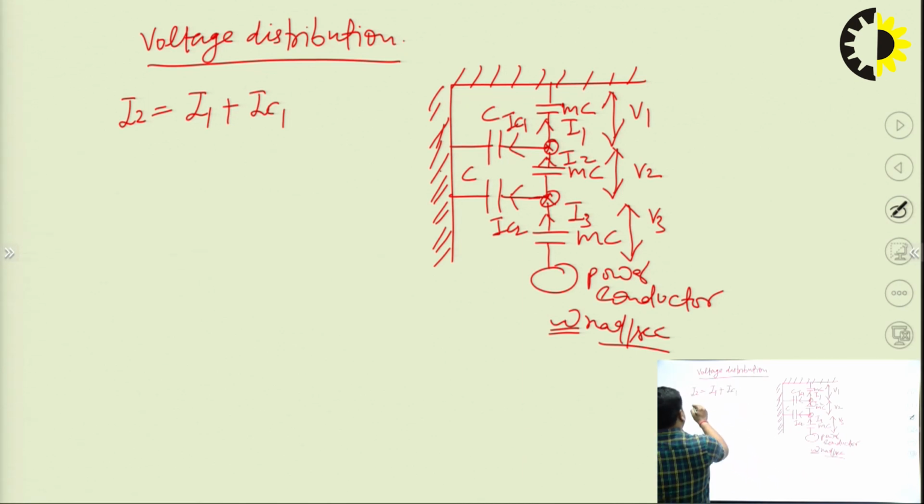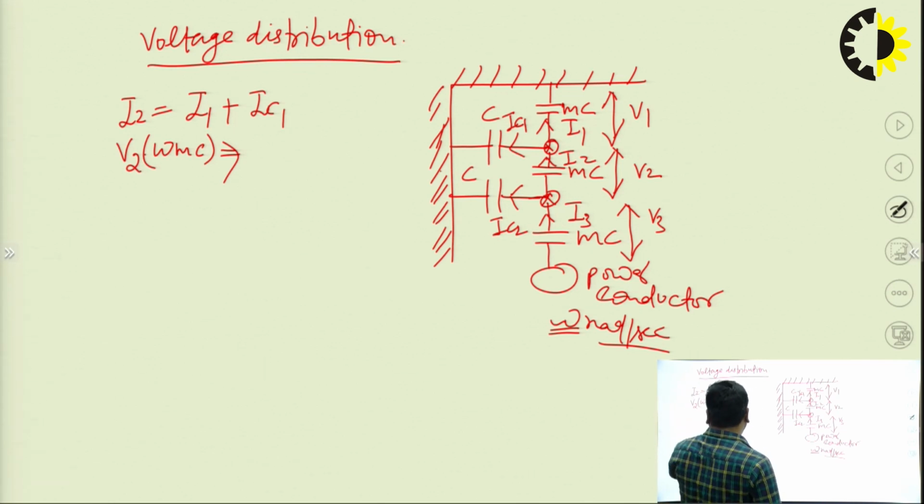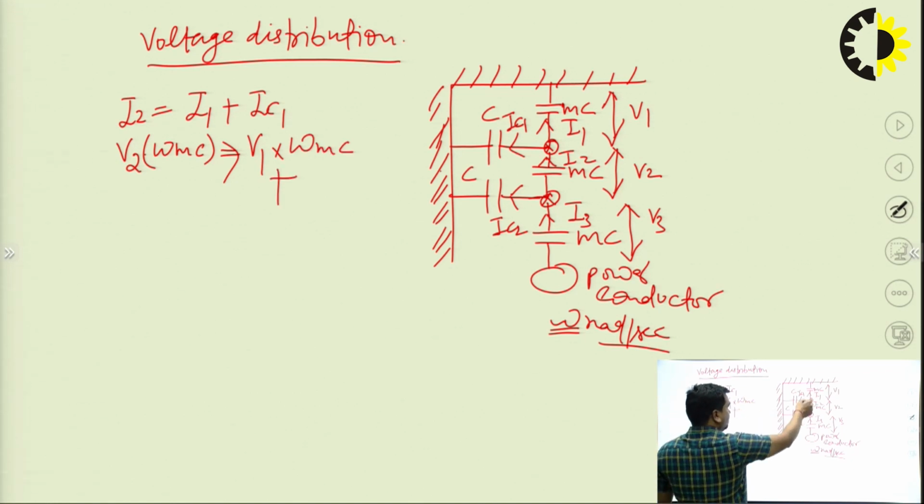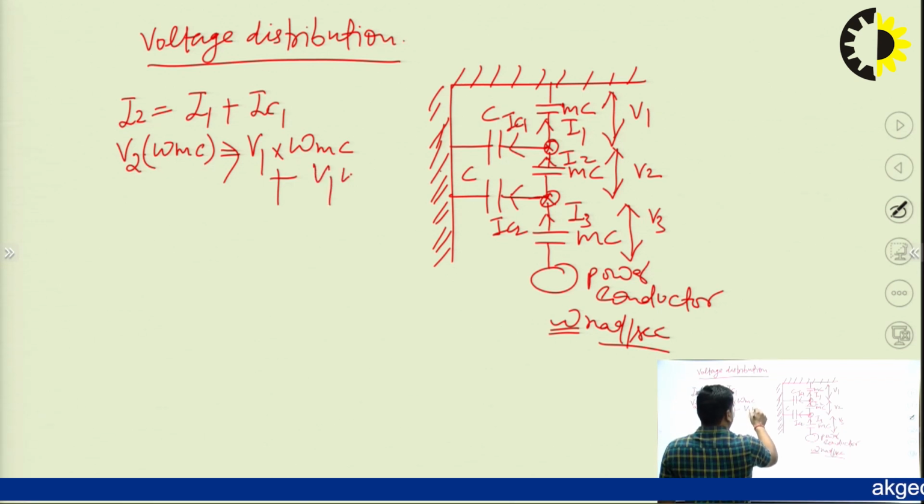That is V2 into omega MC. Okay. I equals V into omega C. So here the capacitance is MC. I1 is V1 into omega MC, plus IC1, that is V1 into omega C.